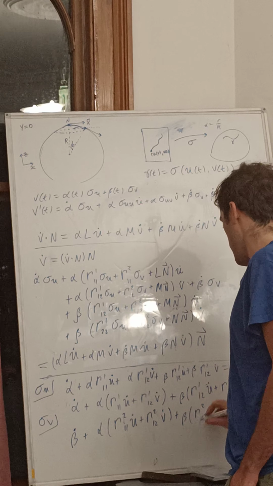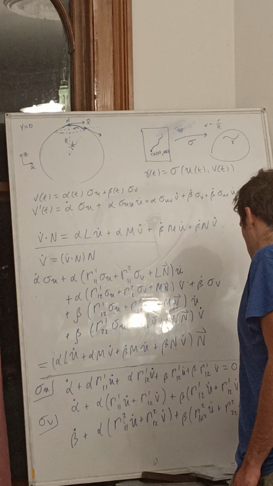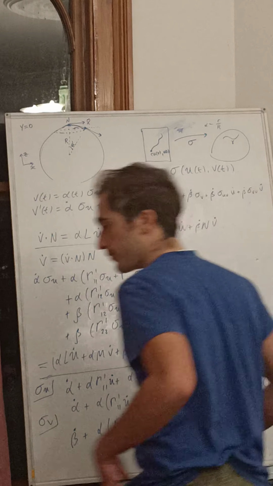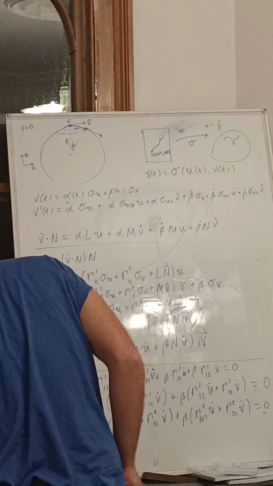Nope, 2, 1, 2 u dot plus gamma 2, 2, 2 v dot is equal to 0. And these are the differential equations.